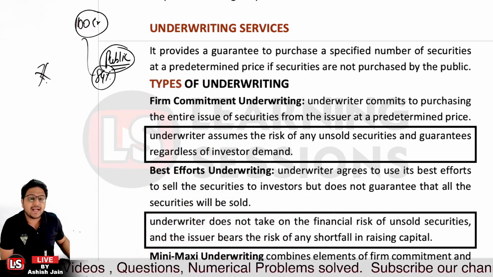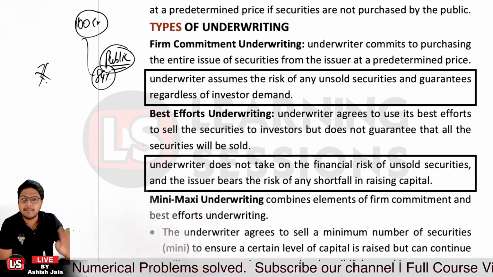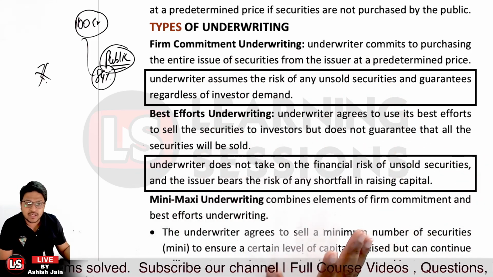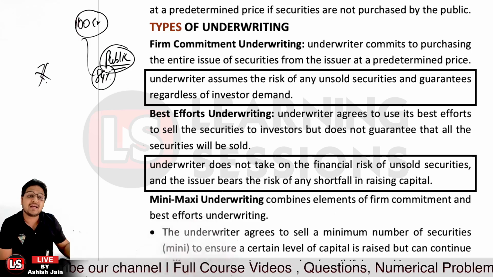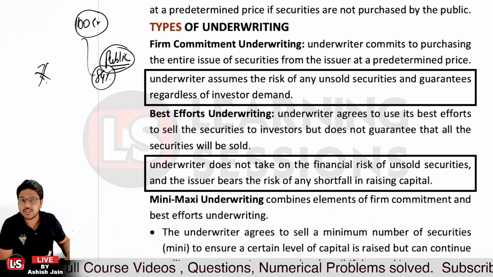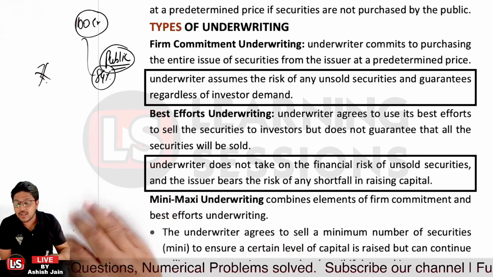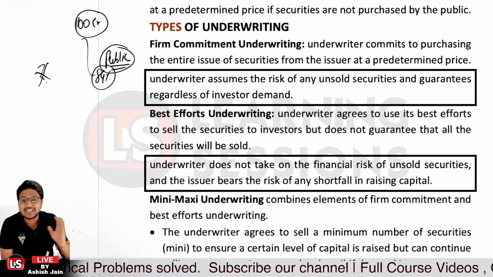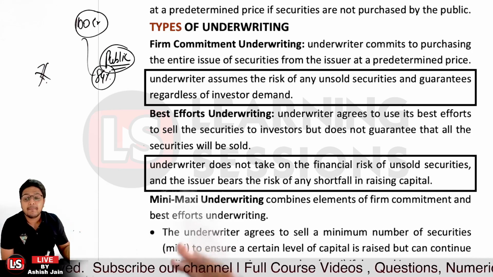That's the point, right? And the other one is mini maxi underwriting. Mini maxi underwriting is a mix of firm commitment underwriting and best efforts underwriting. Here the underwriter, that is the investment banker, agrees that a minimum quantum of the securities will be subscribed by the investment banker, and beyond that the investment banker will make maximum efforts to get the public to subscribe to the shares.